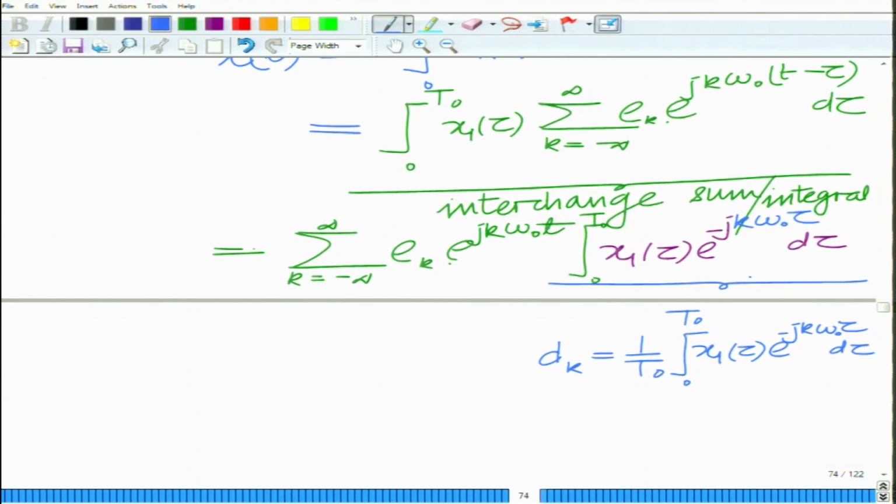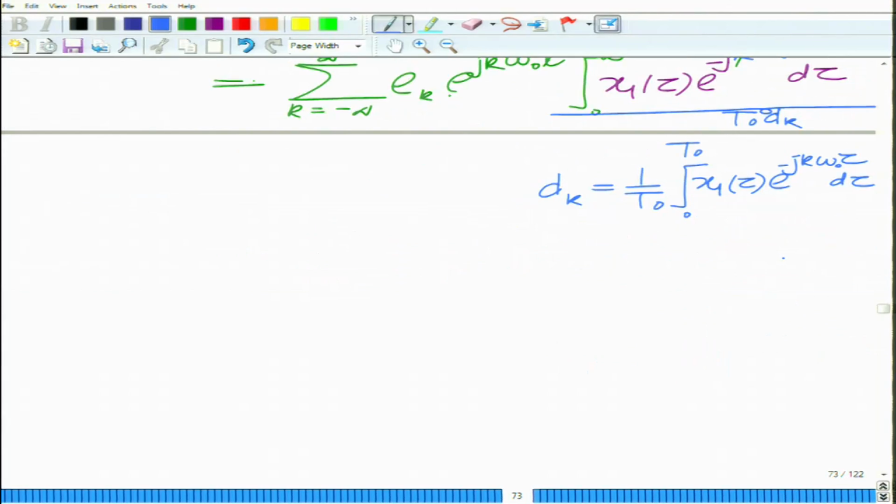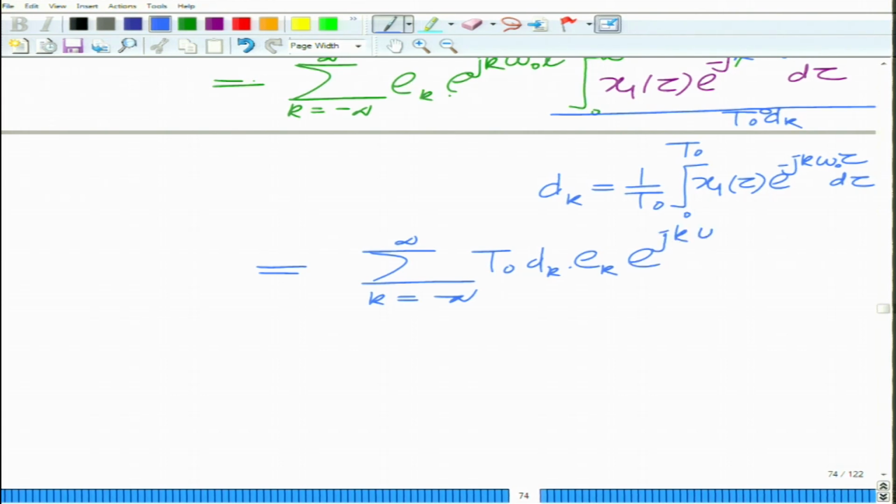So finally you get summation k equals minus infinity to infinity T naught dk e k e raised to j k omega naught t.